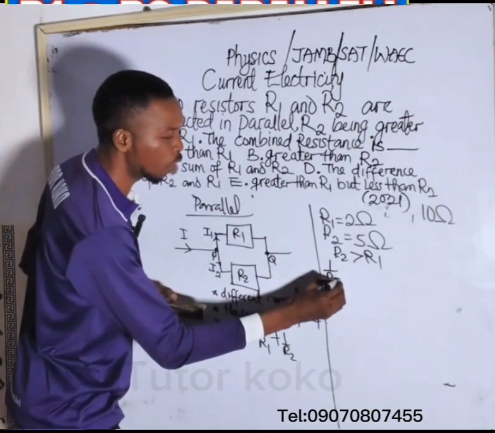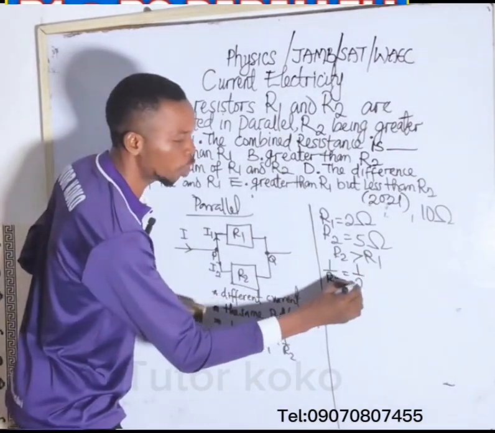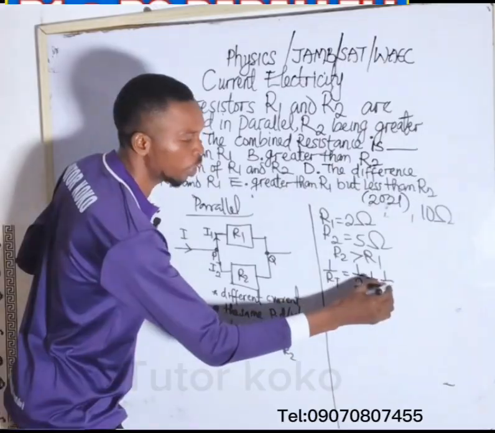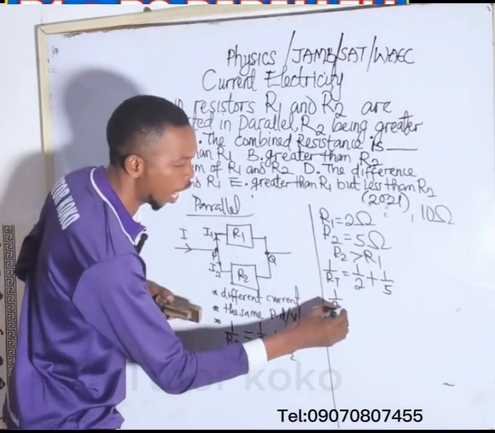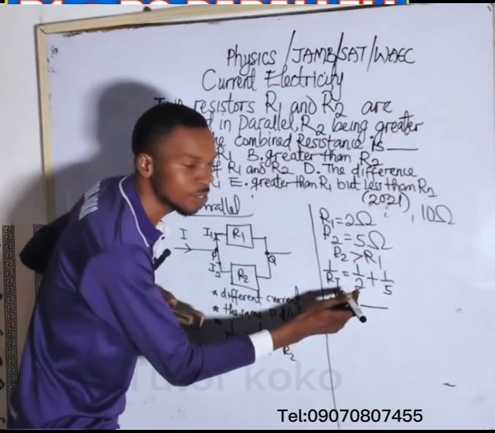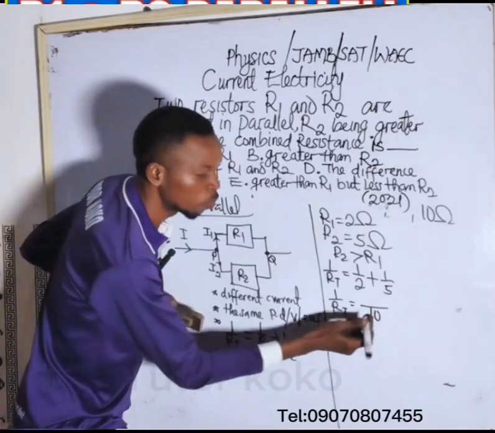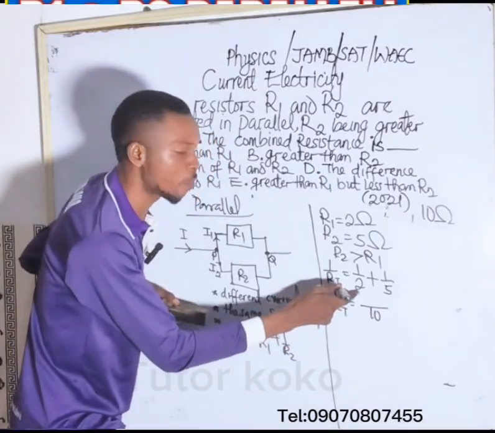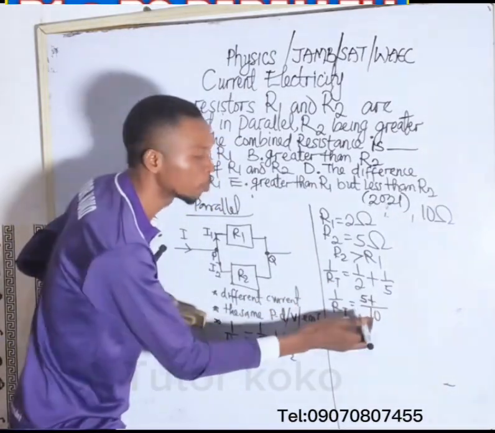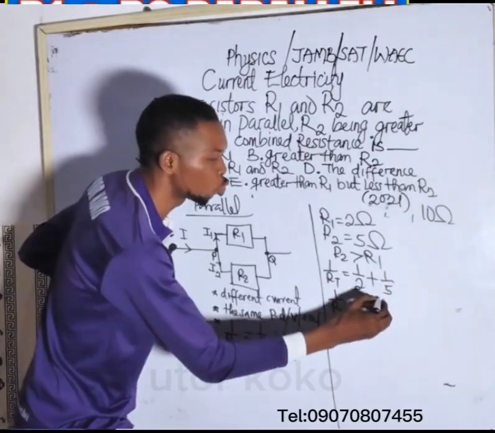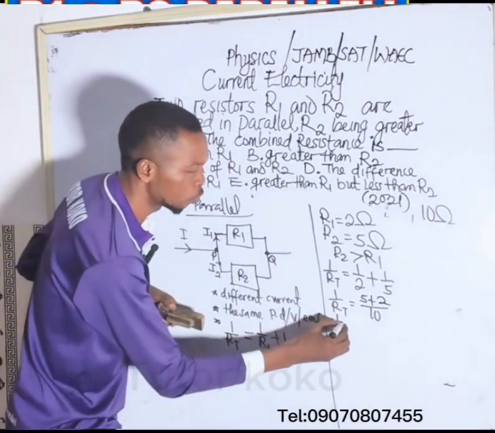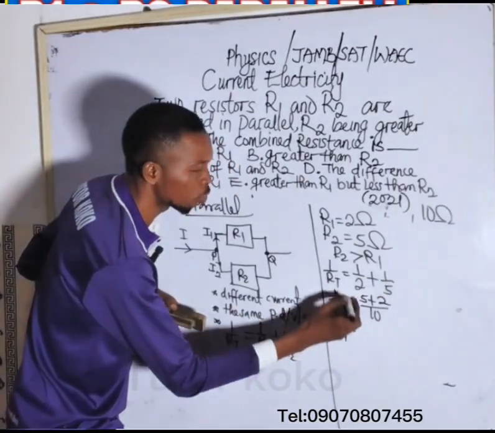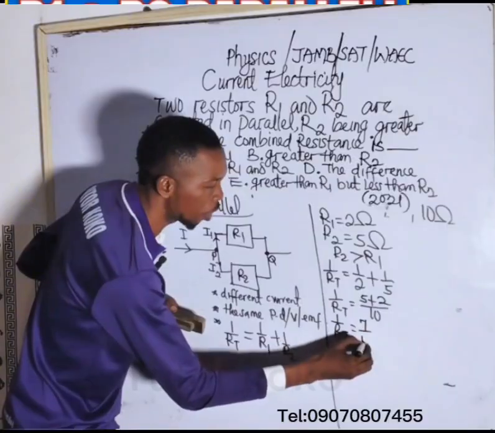That is 1 over RT is equal to 1 over 2 plus 1 over 5. So 1 over RT is equal to, the LCM of 2 and 5 is 10. We now say 10 divided by 2 is 5, 5 times 1 is 5, plus 10 divided by 5 is 2, 2 times 1 is 2. And you see 1 over RT is equal to 5 plus 2, which is 7 over 10.